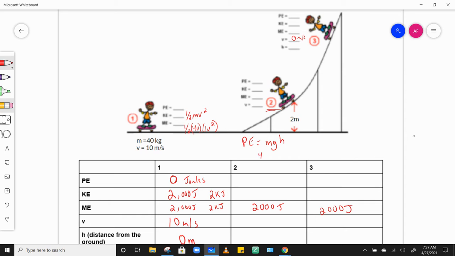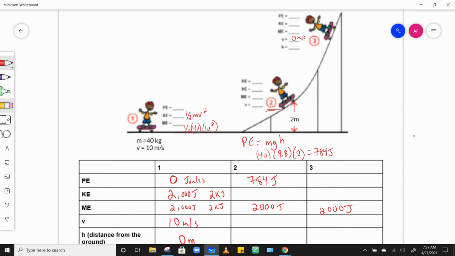So the mass, 40 kilograms, times g, which is 9.8 meters per second squared, times the height, 2. Let me do my calculator real quick here. So 40 times 9.8 times 2, and we get 784. So that means that the potential energy is 784 joules.